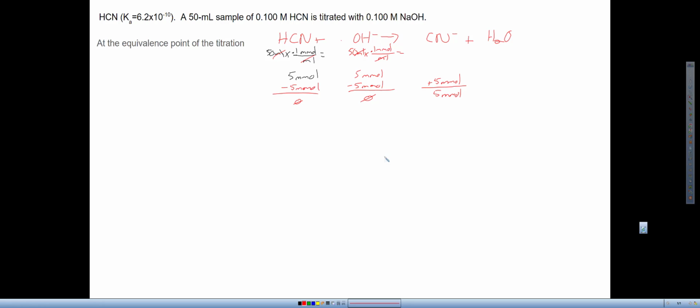Now I gotta think, well, what's gonna happen? In the last problem we said, okay, well, how is the remaining acid gonna dissociate? But now we gotta think, well, what's gonna happen if CN, which is a conjugate base of my acid, remember, what's that gonna do? If I have the conjugate base by itself, now it's gonna eye that water.